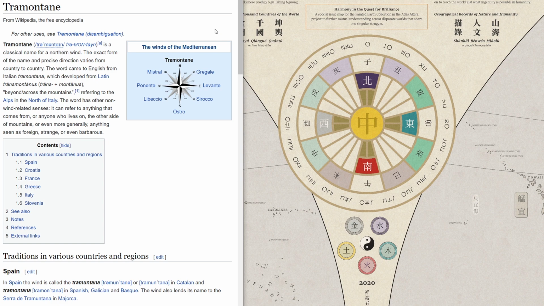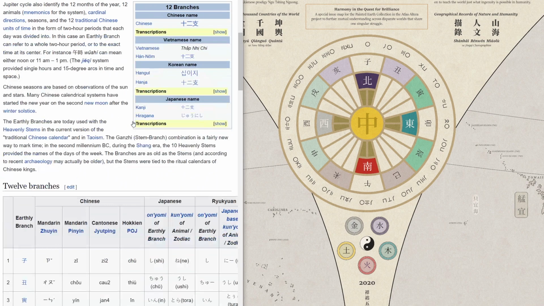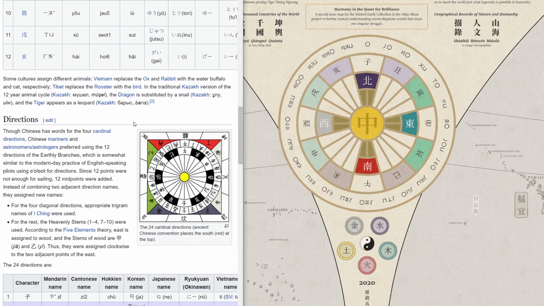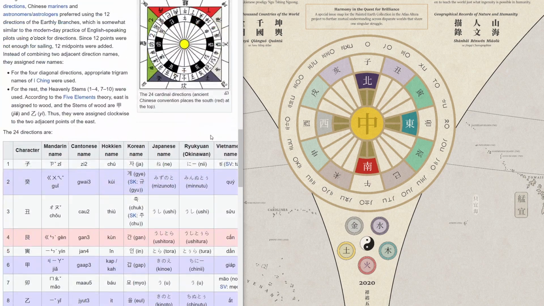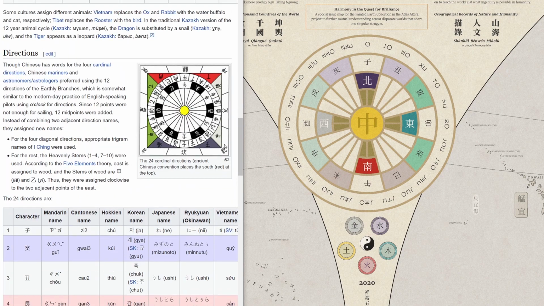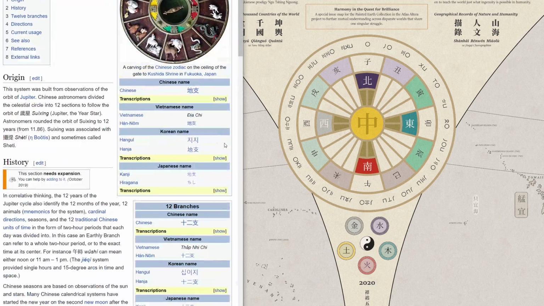But in the Mediterranean world, they also had Tramontana, Sirocco, Libeccio. These are directions where the wind is coming from. And the mariners of the Mediterranean used this for navigating instead of saying southwest. And in the ancient world, they also had invented words for direction.